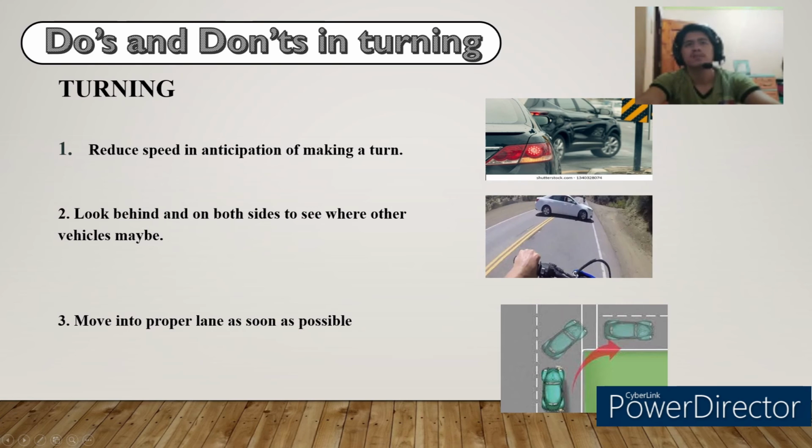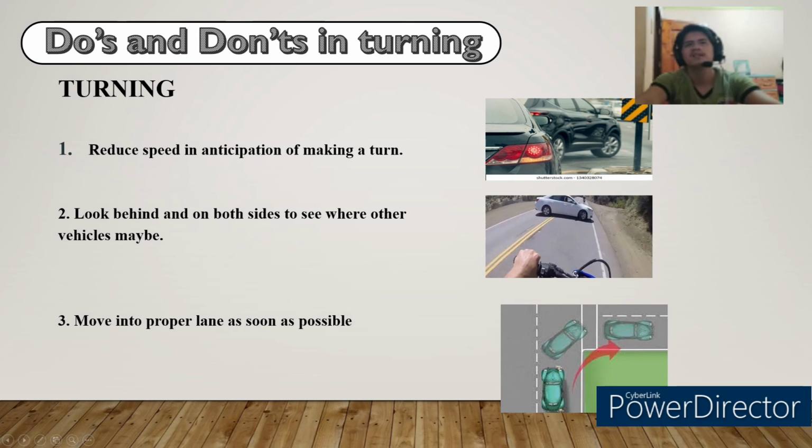We must avoid speeding when you are about to make a turn, because there is a possibility that you will go straight or go beyond the lane when you turn. Some drivers drift, like in The Fast and the Furious, where they don't reduce their speed when they make a turn.